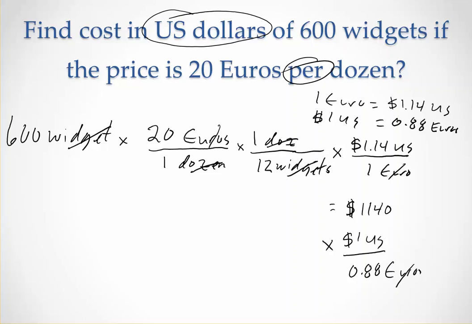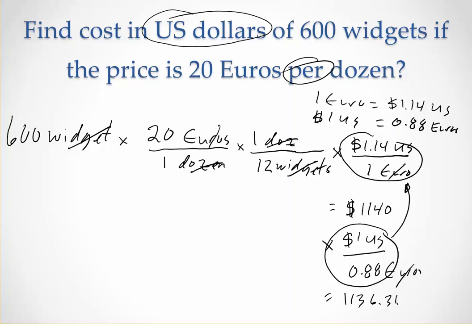They would still cancel out. We would just replace this and this. And that gives us 1136. A few bucks off, but the conversion of the decimal there was rounded to the second decimal place, so that's why we have a little bit of a discrepancy there.